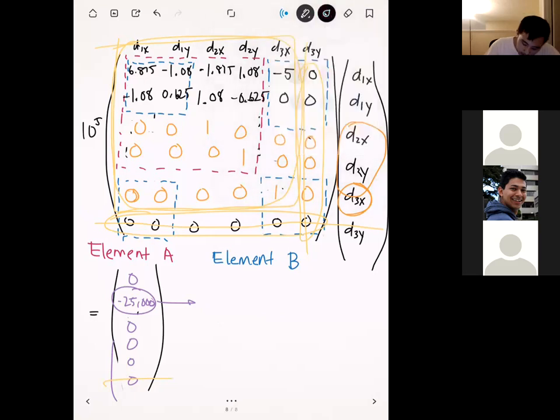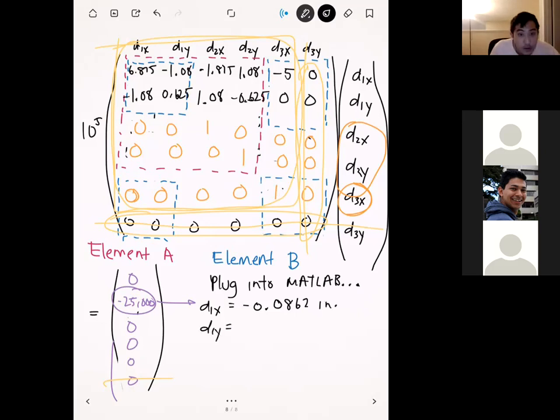And so you plug into MATLAB, and what you get is D1x is equal to minus 0.0862 inches.